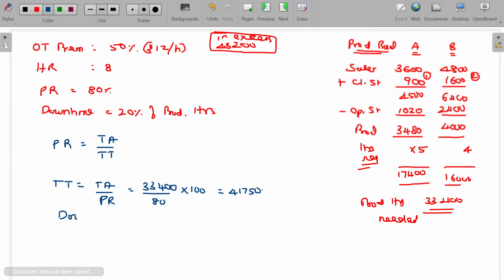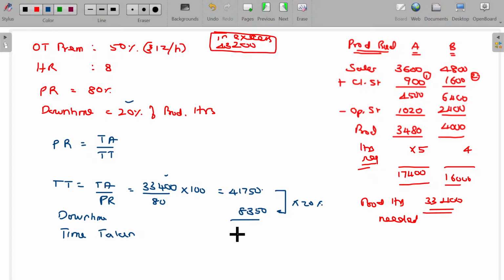On this, downtime being 20%, 8,350. This is the time allowed, then the actual time taken, with the loss of time, is 50,100.